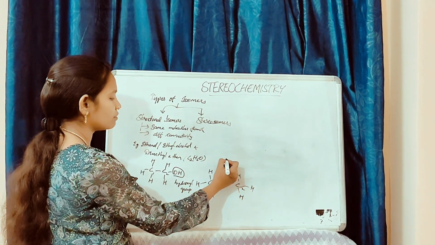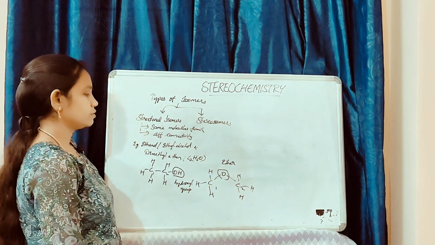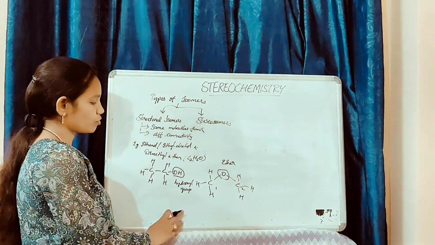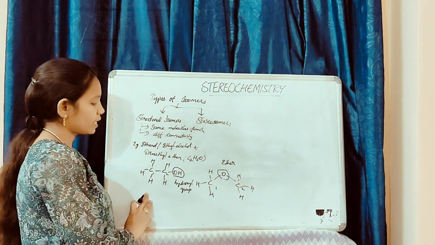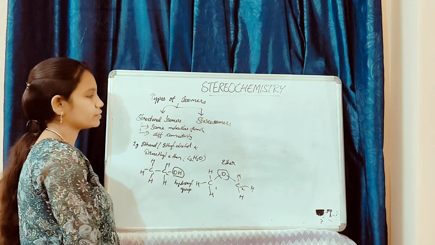Here you have the functional group ether. This is a different connection of bonds between ethanol and dimethyl ether. So this is an example of structural isomers, right?